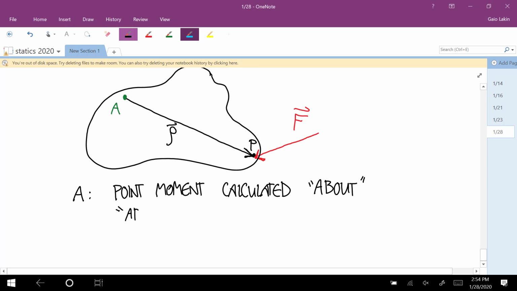A lot of times I'll call that the about point. P is the point where the force is applied.